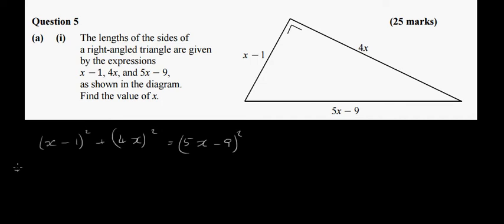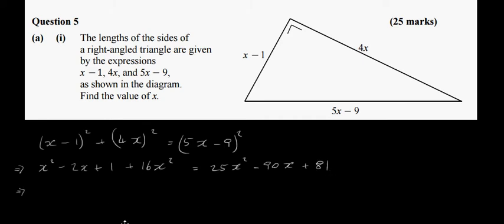We're going to get x squared minus x minus x minus 2x plus 1 plus 16x squared on the left hand side. And then on the right hand side we're going to get 25x squared minus 90x, plus 81.